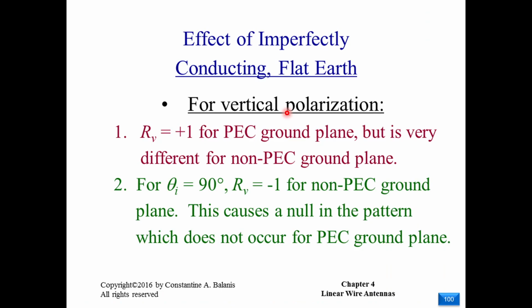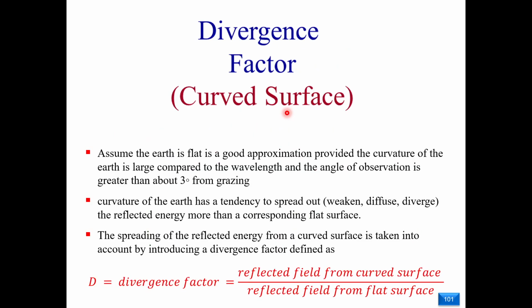Also, we need to consider the polarization and the reflection for different polarizations of the field. The curved surface of Earth does have an effect, and this effect is handled by introducing what's called the divergence factor, which is the reflected field from a curved surface over the reflected field from a flat surface.